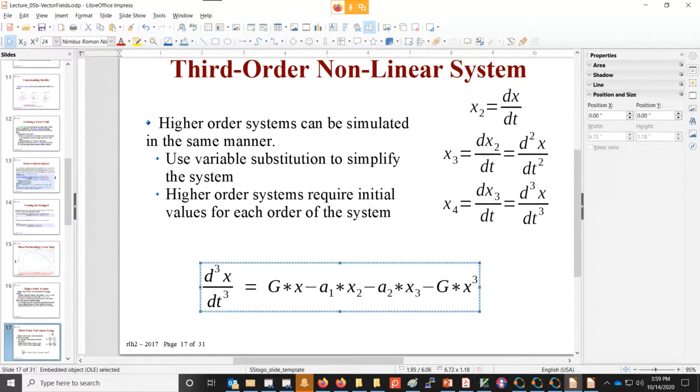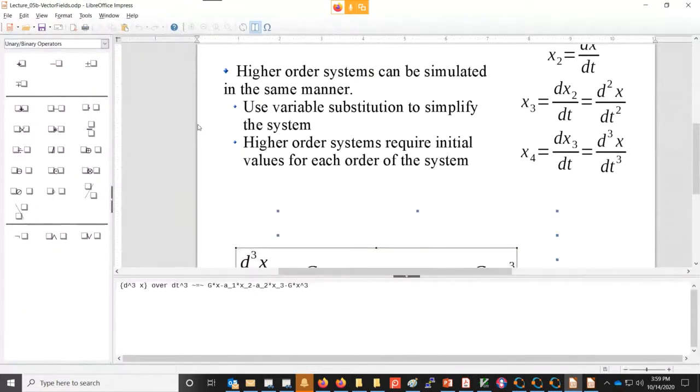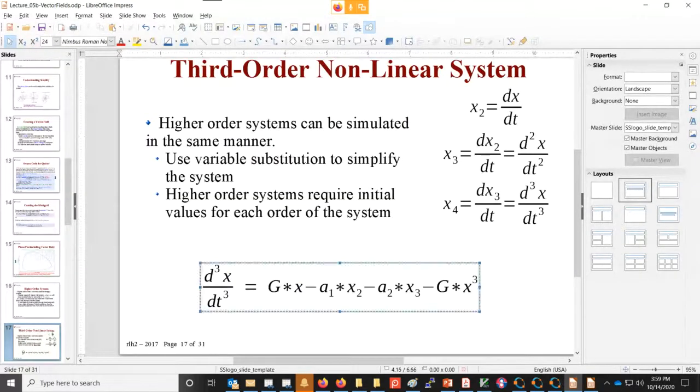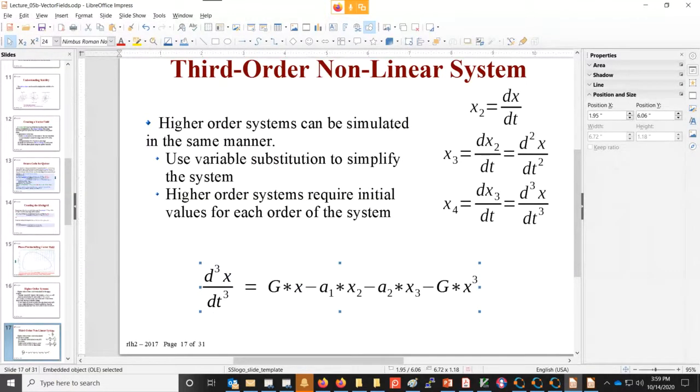So this is my equation here, but in this equation I have x, which is like the position of the item, and then I have x2, which is the first derivative. And then I have x3, which is the second derivative. And then I have the third derivative, which I wrote just as d3x/dt3 here.